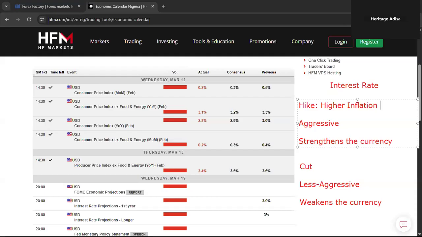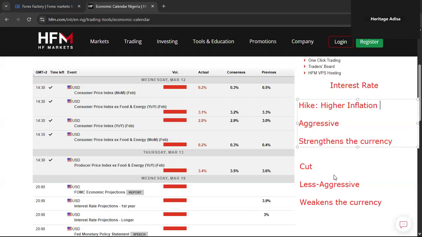In Nigeria, we understand that the inflation rate, according to public figures, is not less than 34%. It is also the same reason why the interest rate in Nigeria is also not less than 27% right now. Why? Because the Central Bank of Nigeria continues to hike interest rate in order to control the persistent rise in the prices of goods and services. And under normal circumstances, that is expected to strengthen the currency.